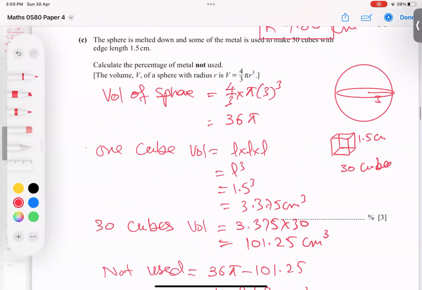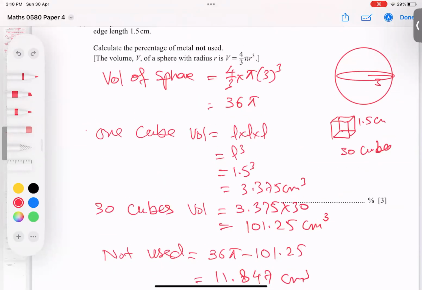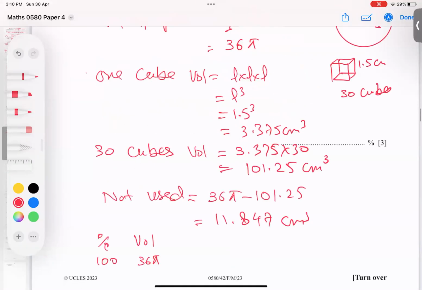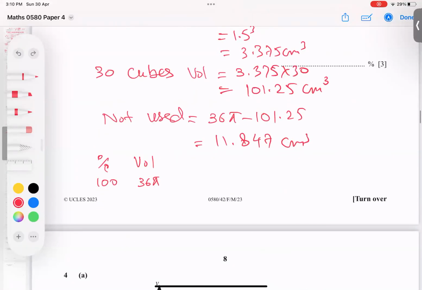But he's not asking that metal. He said percentages. So percentage, this is left from the cube. Cube volume will take as a full. Full means 100%. So right here, percentage, and right here, volume. So 100% is called 36 pi. Check 36 pi. Yes, 36 pi. And 11.847 equal to what percentage?